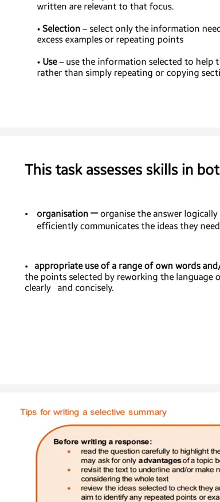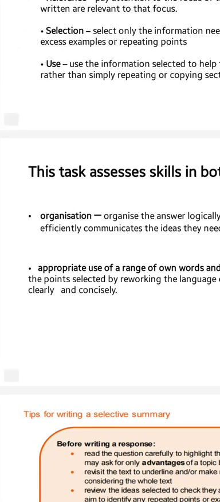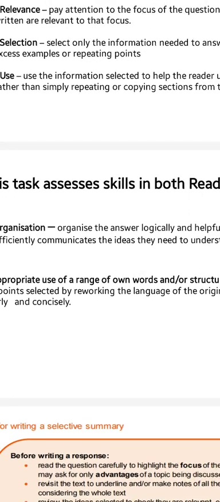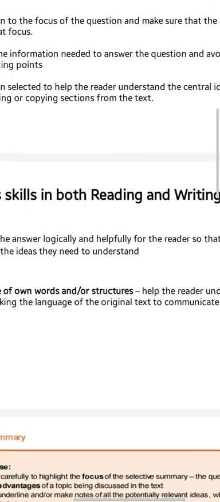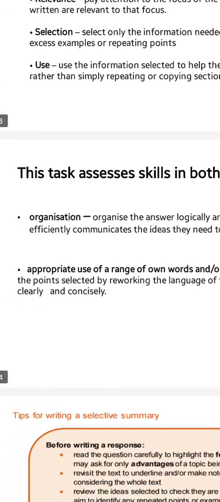Then this task assesses skills in both reading and writing. Organization. The first one was reading. Those objectives were for reading, and now we are talking about writing objectives. Organize the answer logically and helpfully for the reader so that it efficiently communicates the ideas they need to understand.